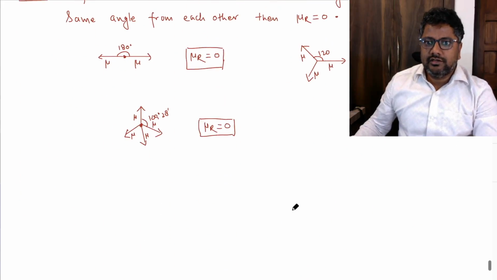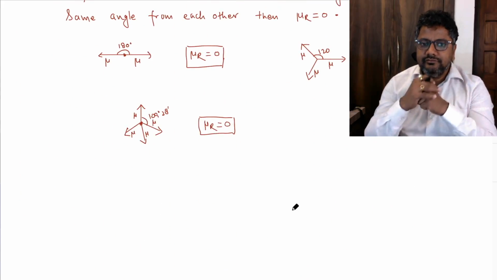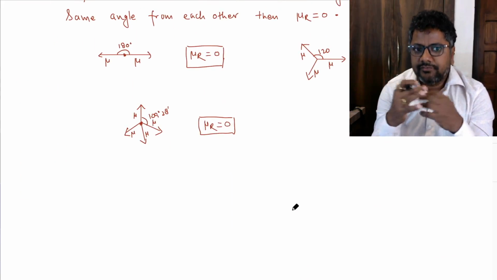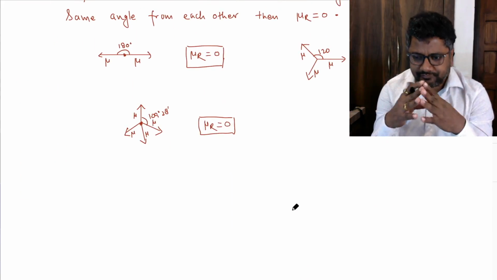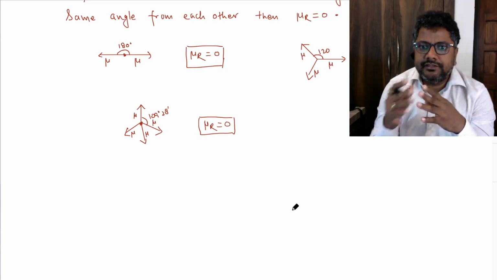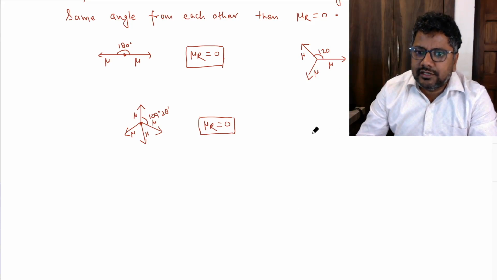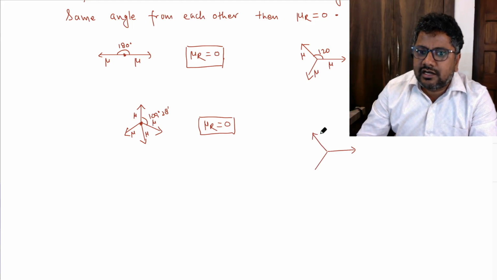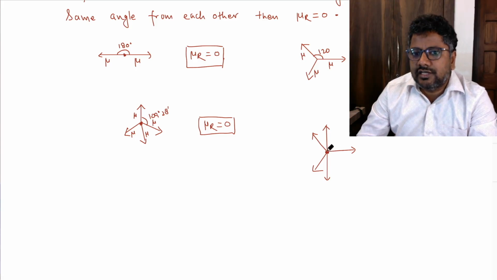Now we can see different geometries. If it is asked in PCl5 geometry, see, these three vectors are at the same angle, and these two vectors are at the same angle. What is the resultant dipole moment?